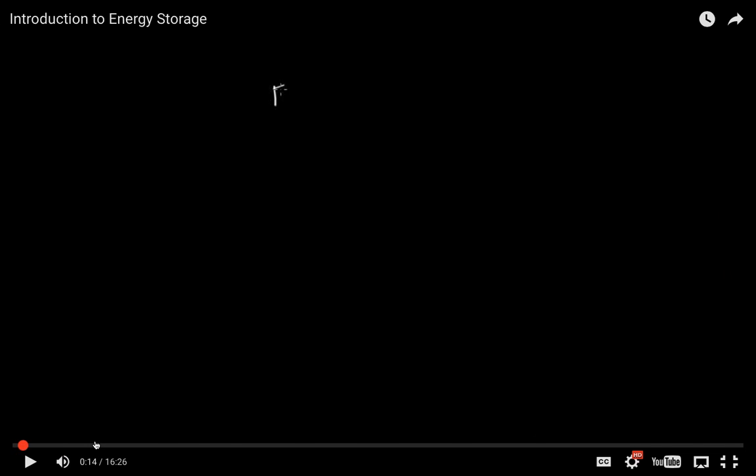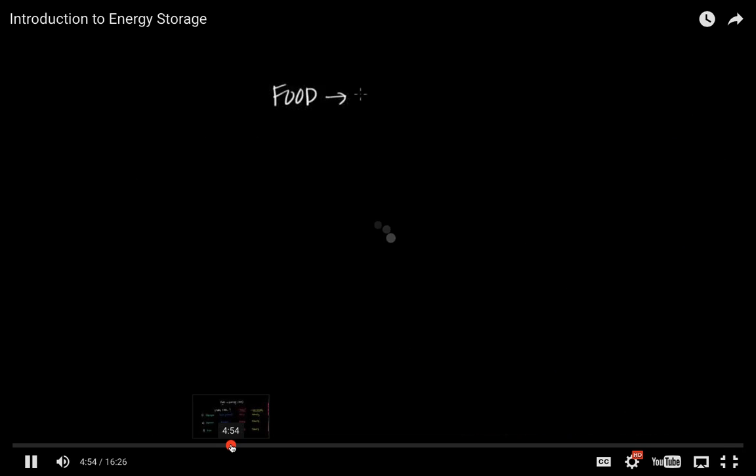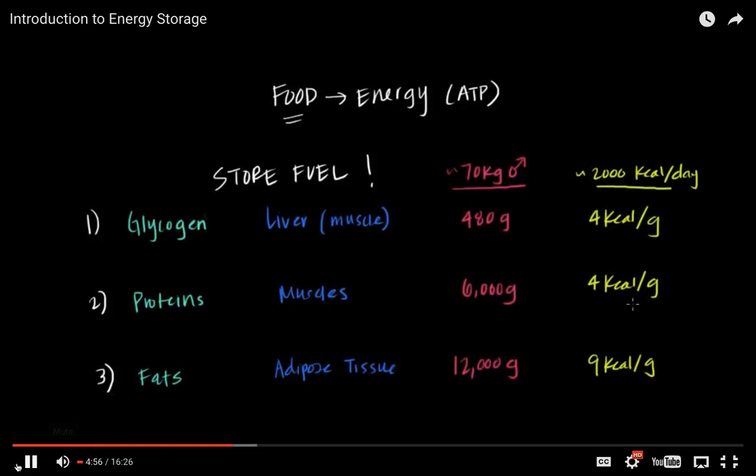It talks about 3 main ways that we store energy: glycogen, proteins, and fats. Then it goes through all 3 and talks about which are more efficient. They came to the conclusion that fats are the most efficient way to store food and energy.